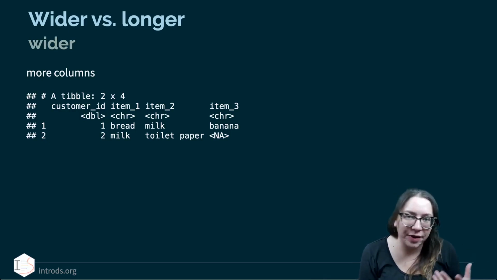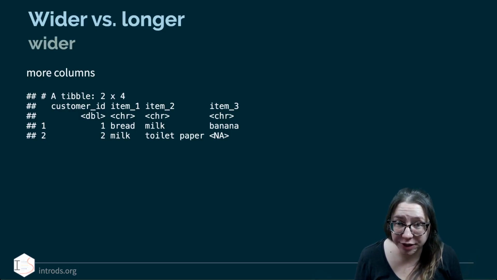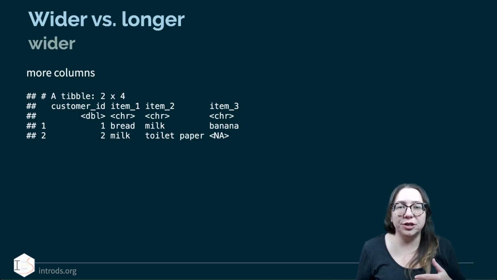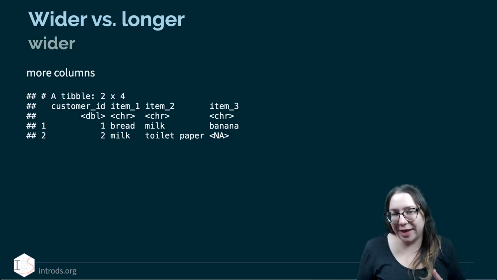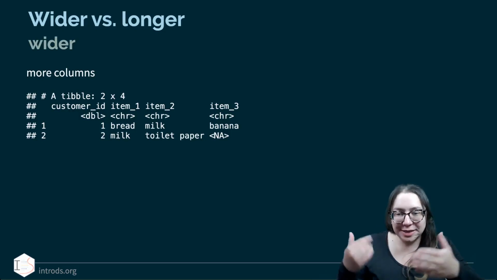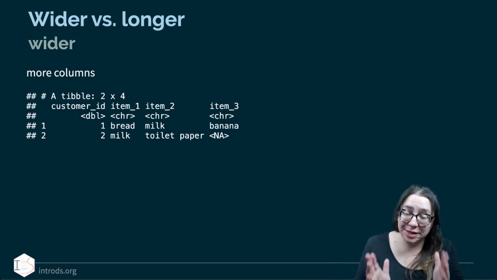For any given purpose, one data set might be wide or long, depending on the next thing that you're going to do. But what we're trying to do is, are we trying to make it wider or are we trying to make it longer? Wider meaning start with something and add more columns to it. Longer meaning start with something and add more rows to it.